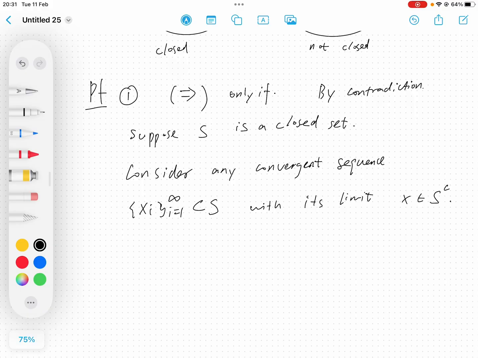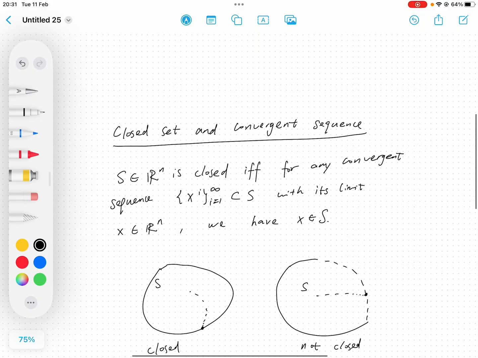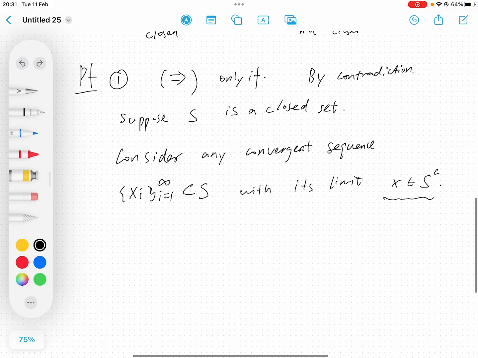Here we simply assume that we can find a convergent sequence with some limit that is not in S, but instead is in Sc. This is not what we have in the original statement, so this is going to be something wrong, and we're going to prove that it is wrong by some contradiction that we find later. That's the idea here.